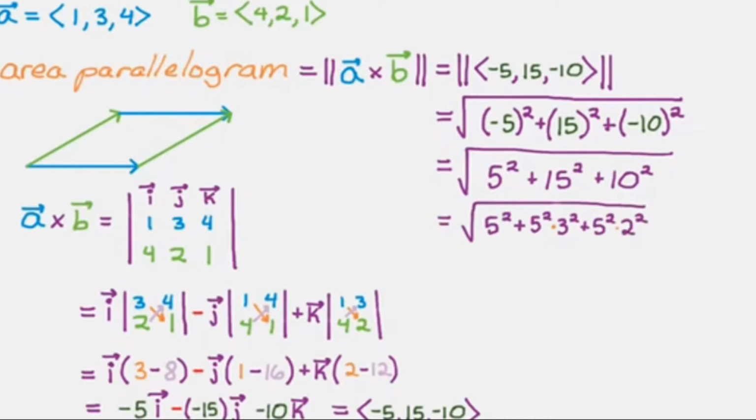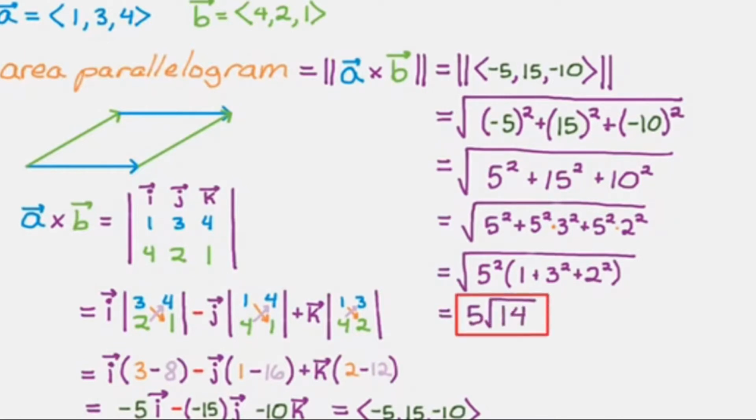So it is 5 squared plus 15 squared plus 10 squared, that is 5 squared plus 5 squared times 3 squared plus 5 squared times 2 squared. So here finally we have 5 times the square root of 14, which is the area of the parallelogram which is required.